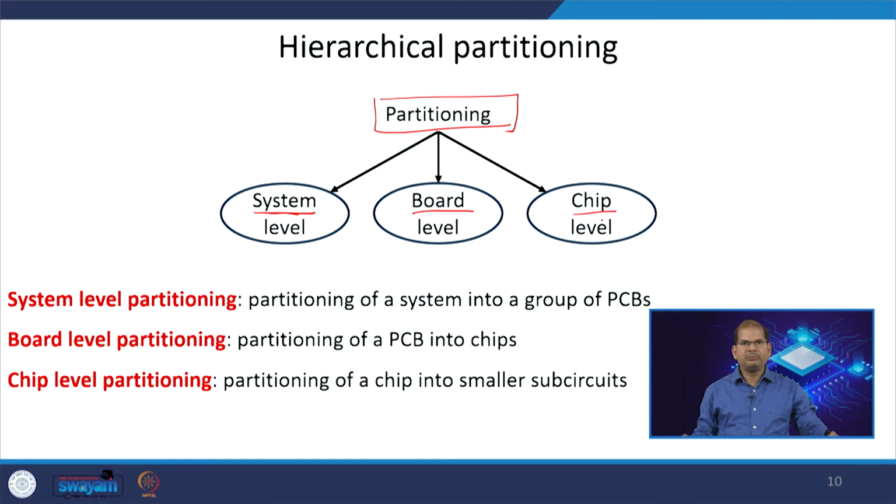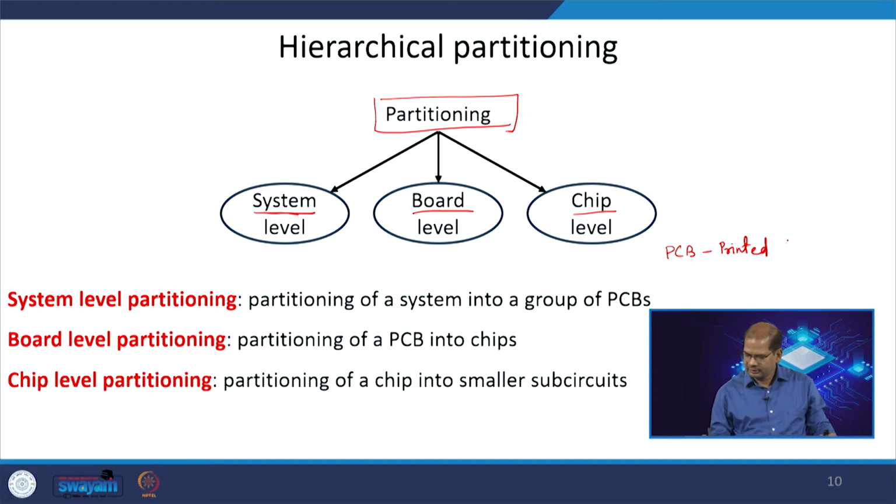In case of system level partitioning, whenever I am building a bigger system, I need to think about how I can divide the system into a group of PCBs. PCB stands for printed circuit board.